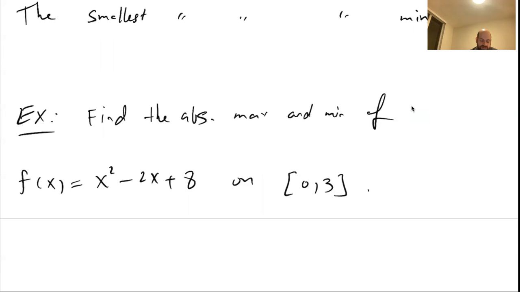See, this function here is a continuous function, of course, a polynomial, and the domain is a closed finite interval. So it must have an absolute max and min. The question is not asking us to verify existence of absolute max and min. It just asks us to find them.